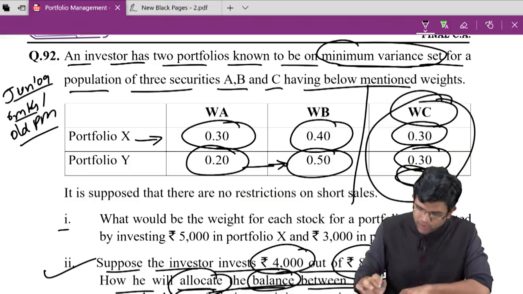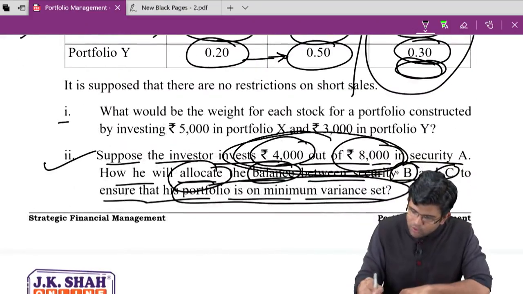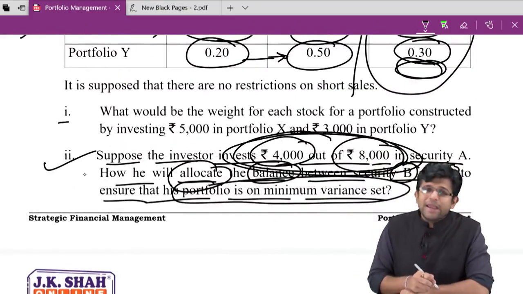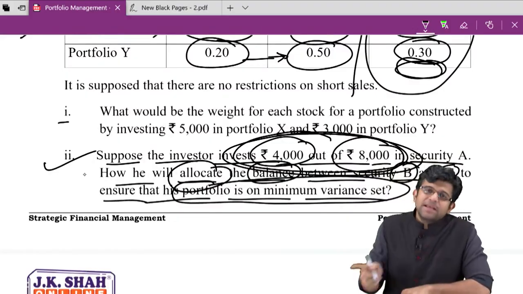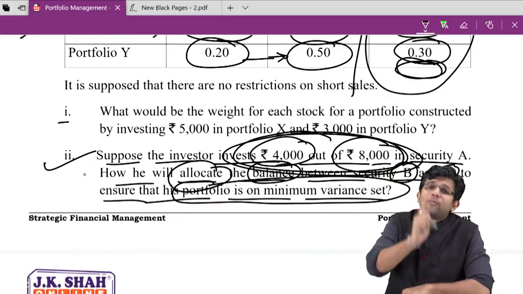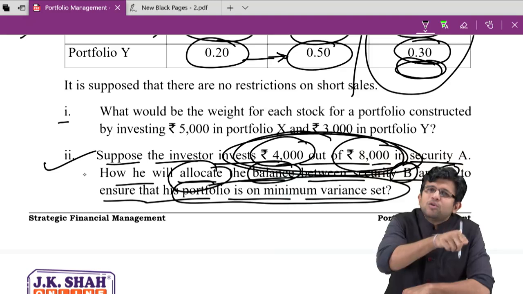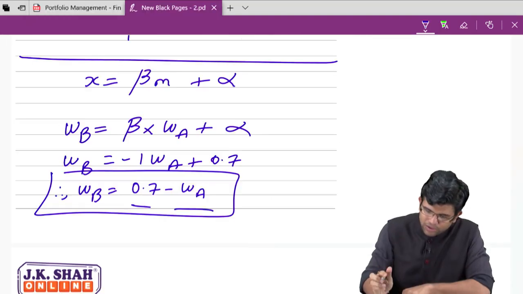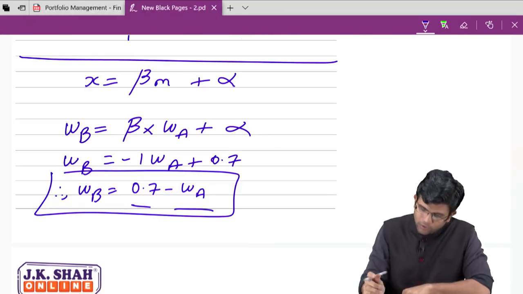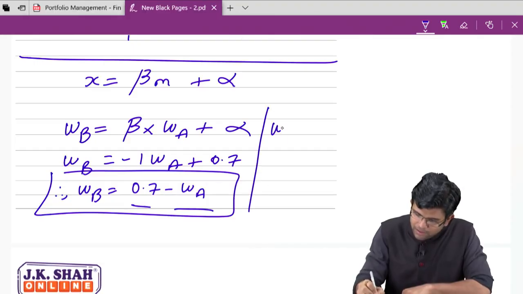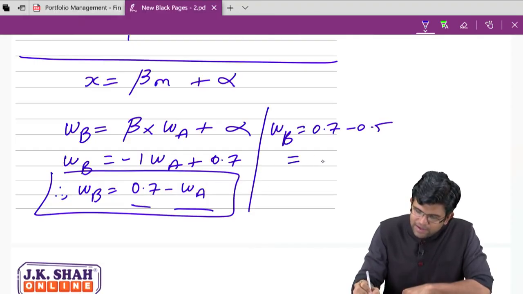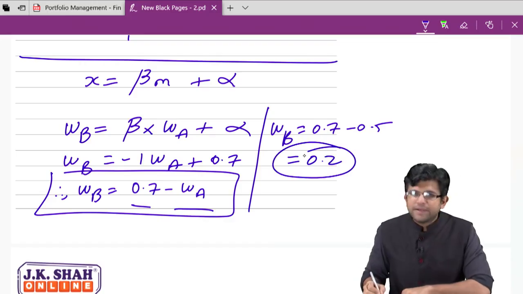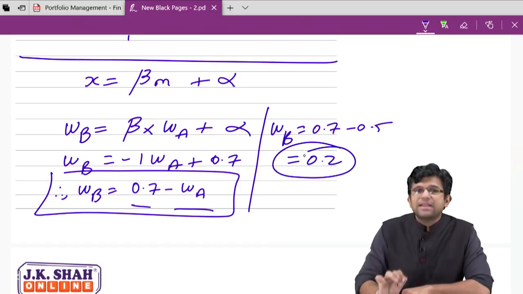And now in this question, they are saying that WA is going to be 0.5. So what do you think will be WB? Do you realize if WA is going to be 0.5, then WB will be 0.7 minus 0.5, that is 0.2.